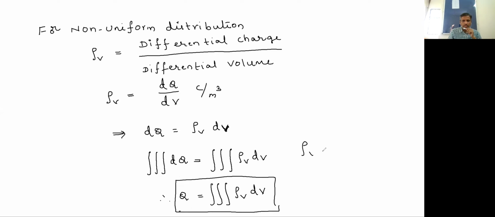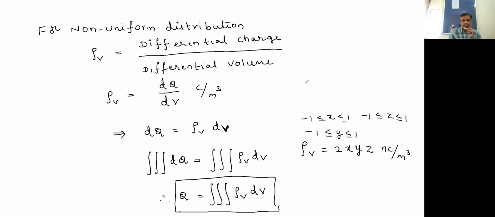For example, rho v equal to something like 2xyz nano coulomb per meter cube, and it will give you the dimensions, let's say -1 less than or equal to x less than or equal to 1, similarly -1 less than or equal to y less than or equal to 1, and -1 less than or equal to z less than or equal to 1.